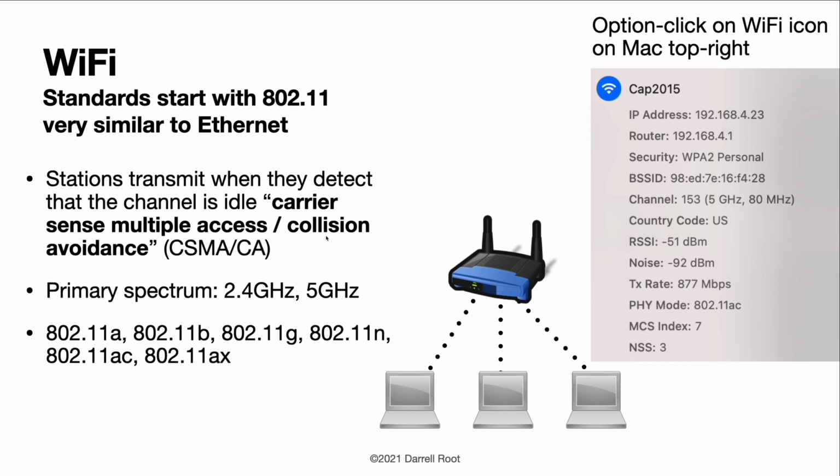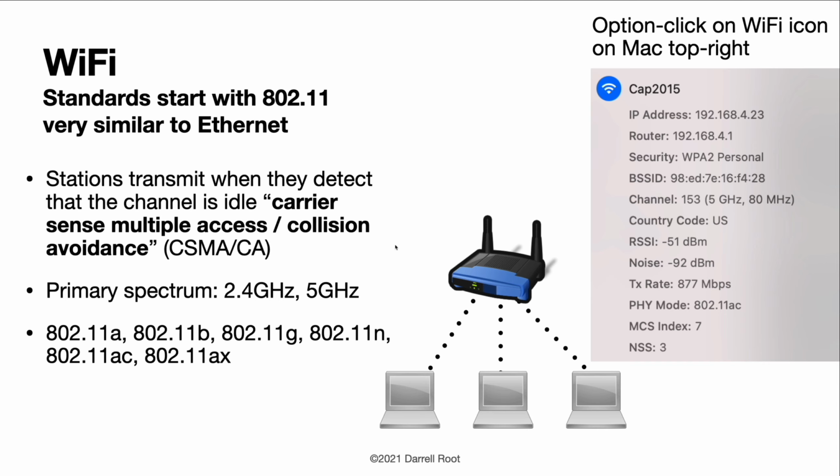Carrier sense, multiple access, collision avoidance. There are two major bands, the 2.4 gigahertz band and the 5 gigahertz band, and major standards which you may have heard of: 802.11a, 802.11b, 802.11g, 802.11n, and then the newer 802.11ac and very new 802.11ax standards. So multiple hosts are talking with the Wi-Fi access point.